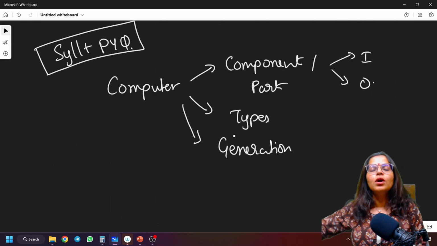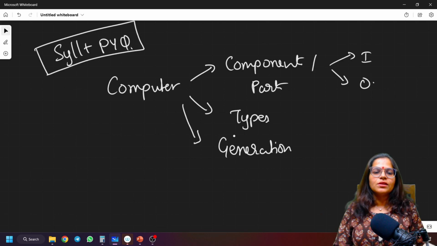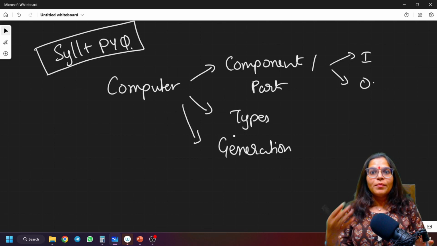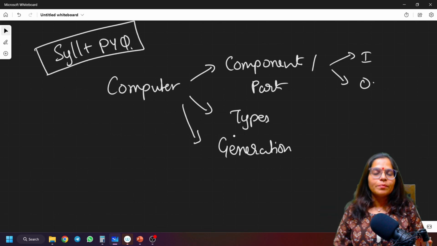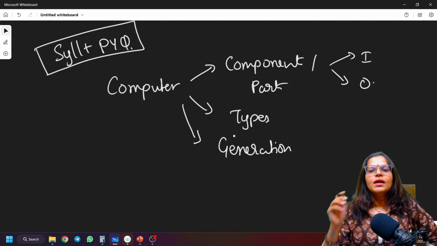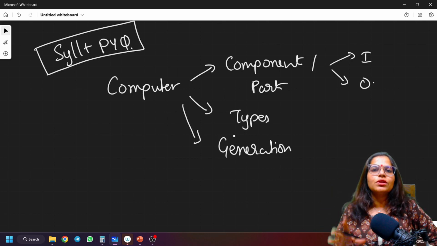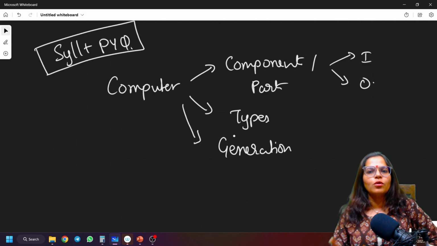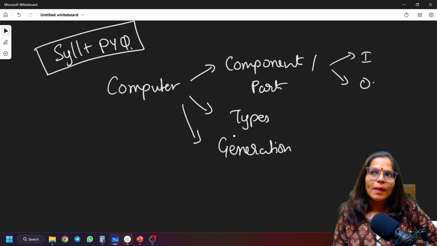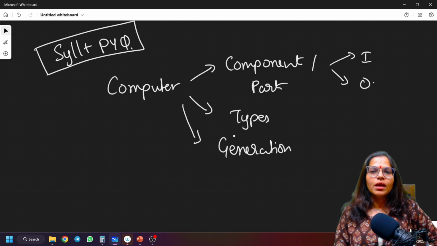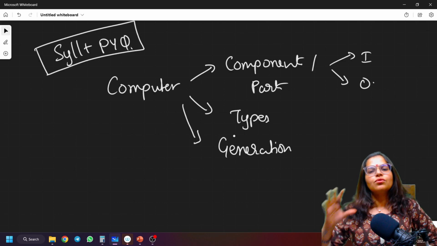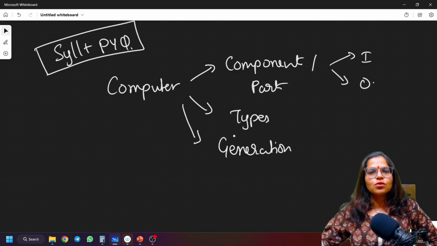You have to remember what are the processing devices, what are the memory devices, what are the examples of that particular generation. So basically, you need to learn everything about computers. You might have started reading these concepts in your 6th and 7th standard, so you have to start from scratch or zero.